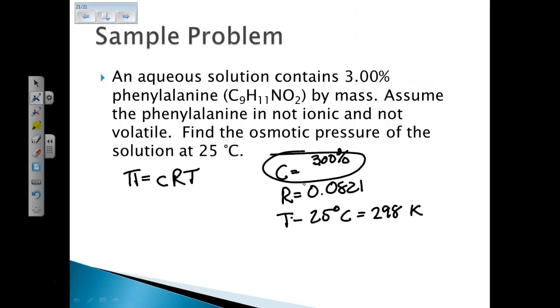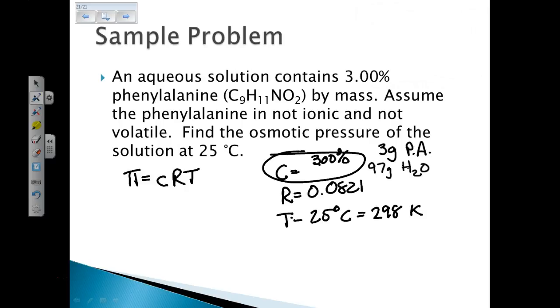When a solution is 3% by mass, that means it's 3 grams of phenylalanine, PA, and the rest is water, 97 grams of H2O.